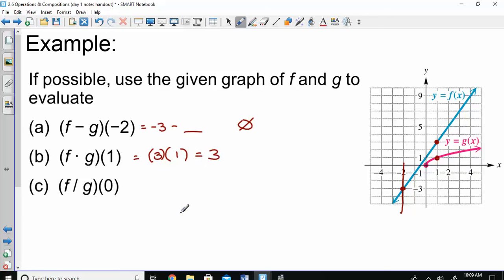So 3 times 1 is 3. F divided by g of 0. So f of 0 is 1. Divided by when x is 0, g is 0. And 1 over 0? No solution again.